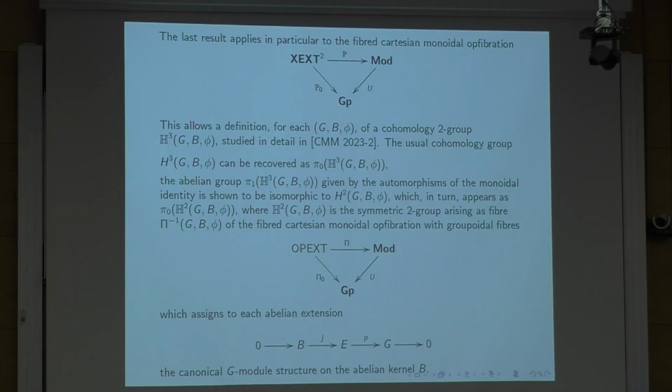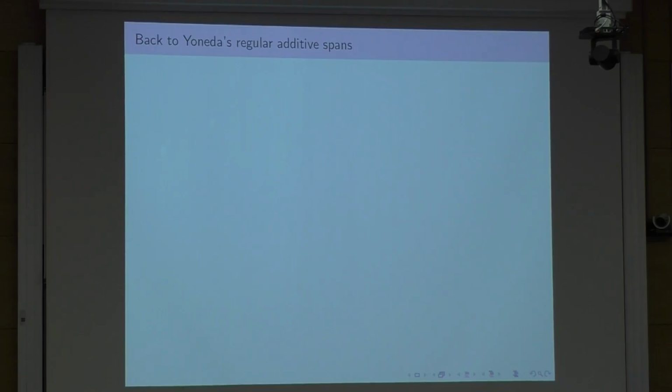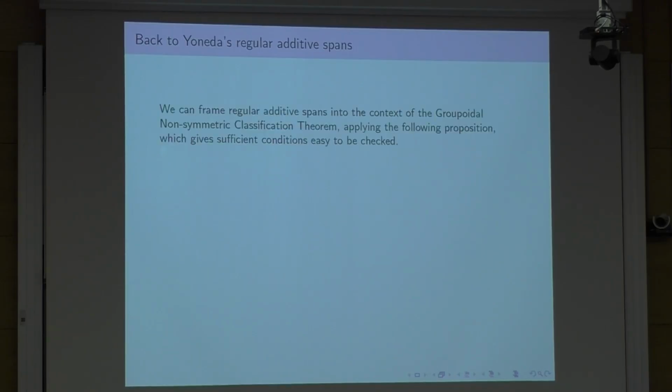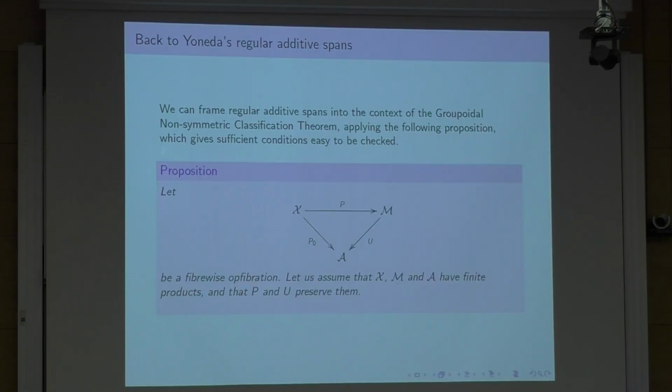ready to go back to regular additive spans. Okay, first of all we have to show that regular additive spans can fit inside our framework, and then we want to show that they fulfill conditions 1 and 2, and for this we need this proposition which gives sufficient conditions that are very easy to be checked.